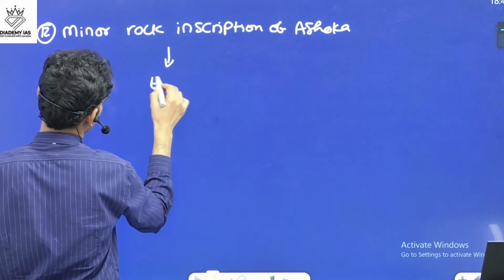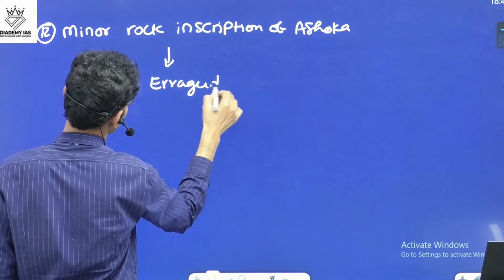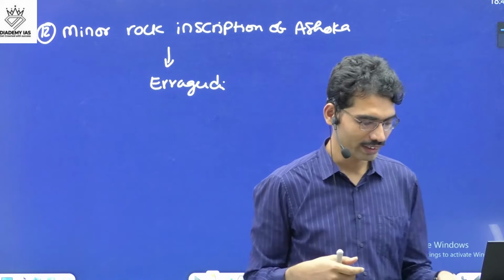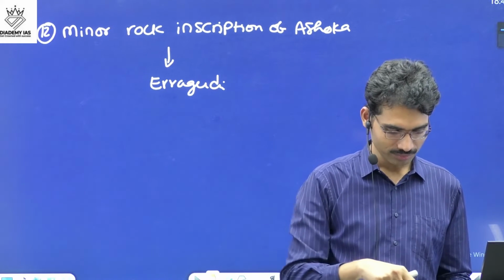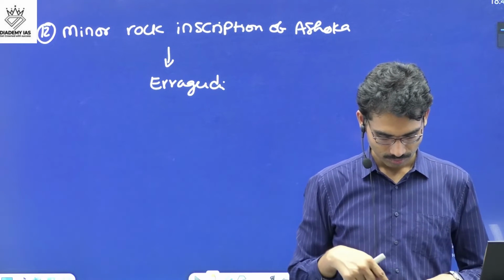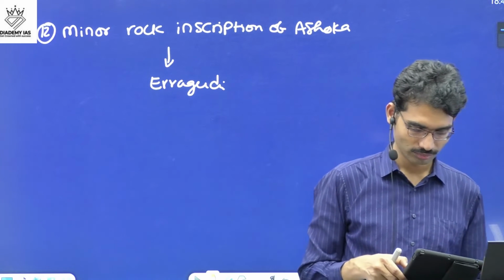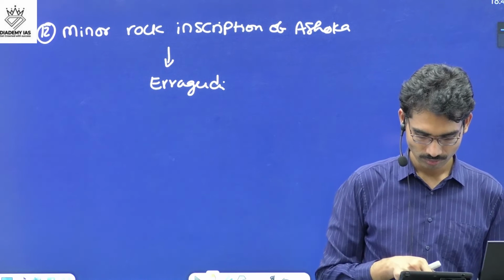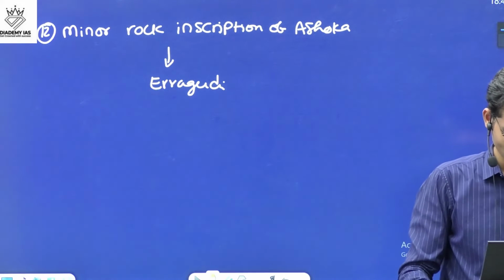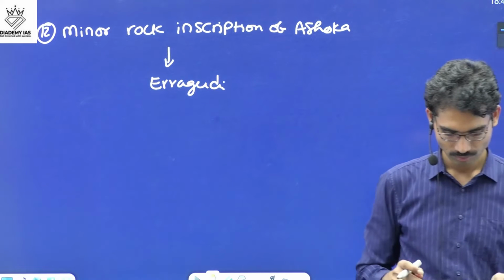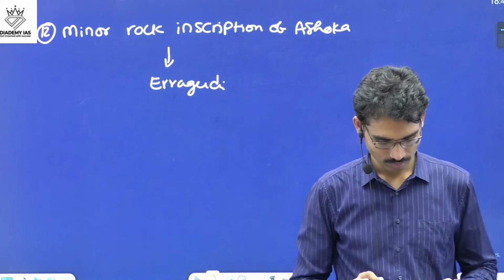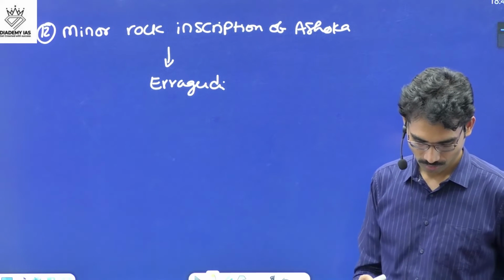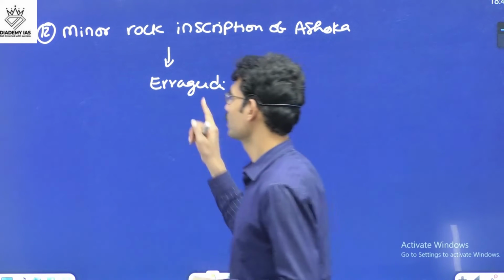And this is Erragudi. The nearest location of a minor rock edict is Erragudi. This is the one.